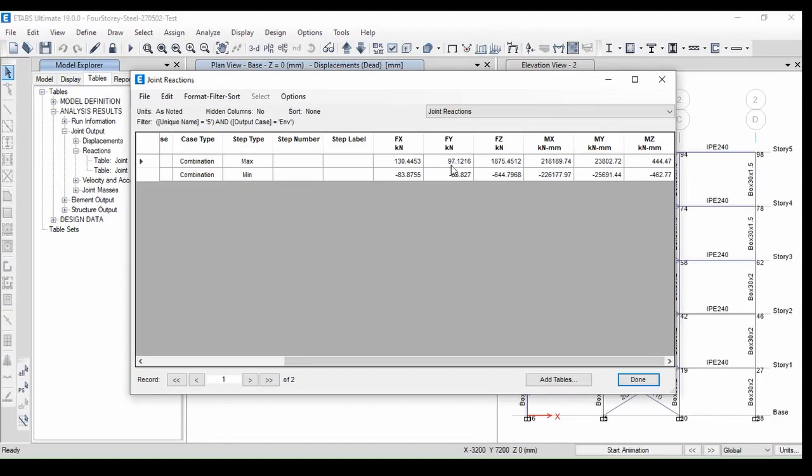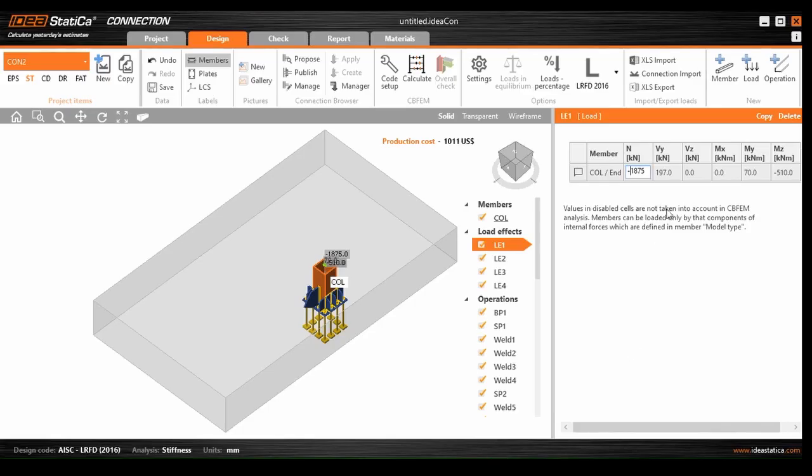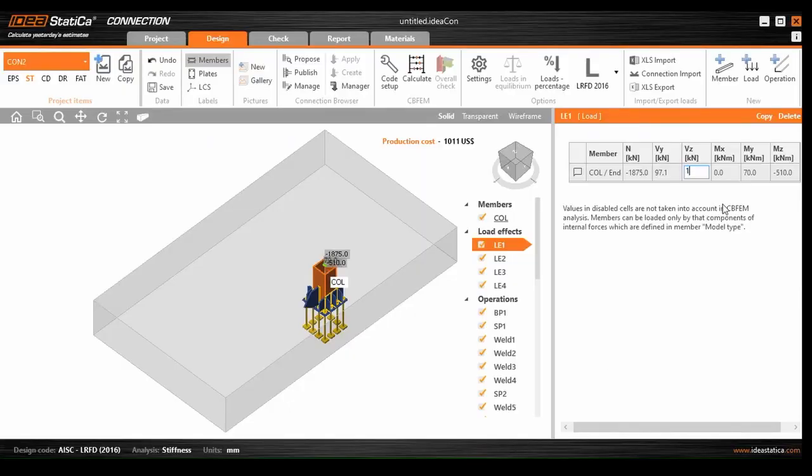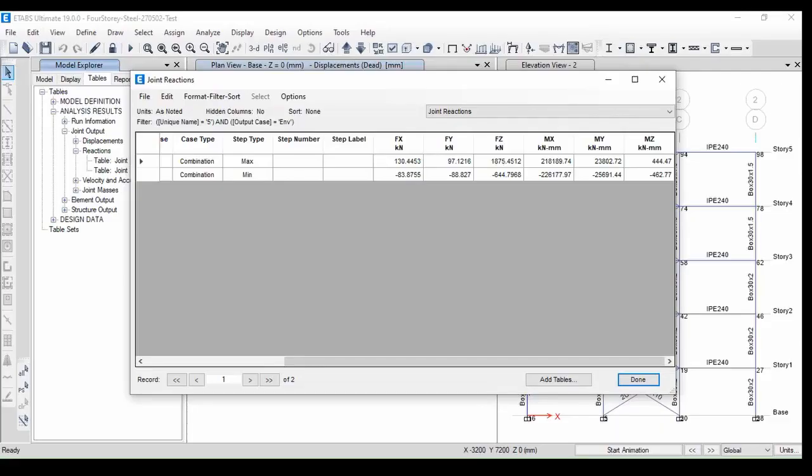And then V by 97.12. Vx is Vz, 130. And MX is torsion, if we don't put it here.